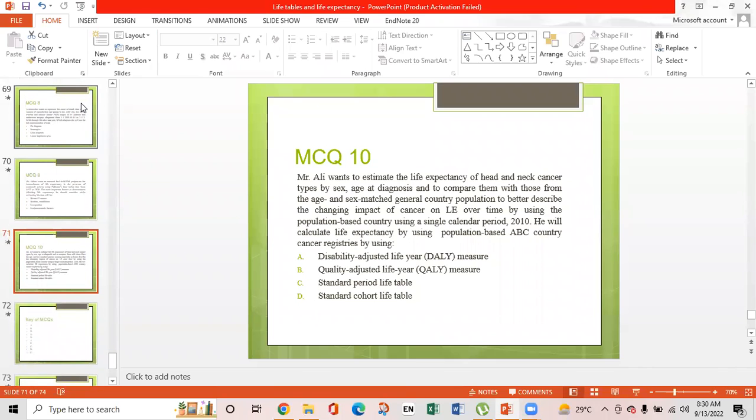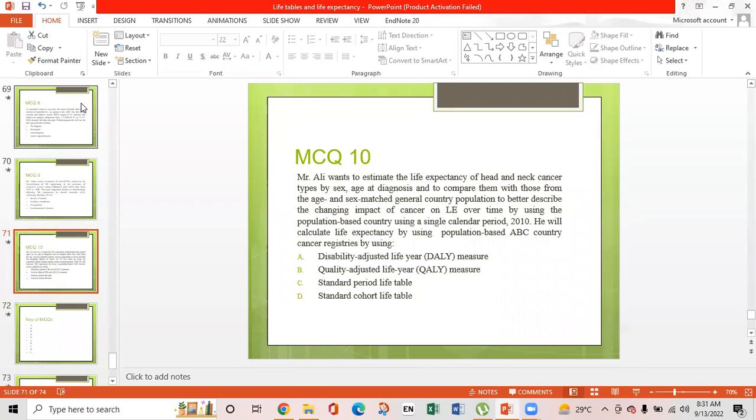Last MCQ: Mr. Ali wants to estimate the life expectancy of head and neck cancer types by sex, age, and diagnosis to compare them with those from the age and sex matched general country population, to better describe the changing impact of cancer over time, using the population-based country data for a single calendar year, 2010.